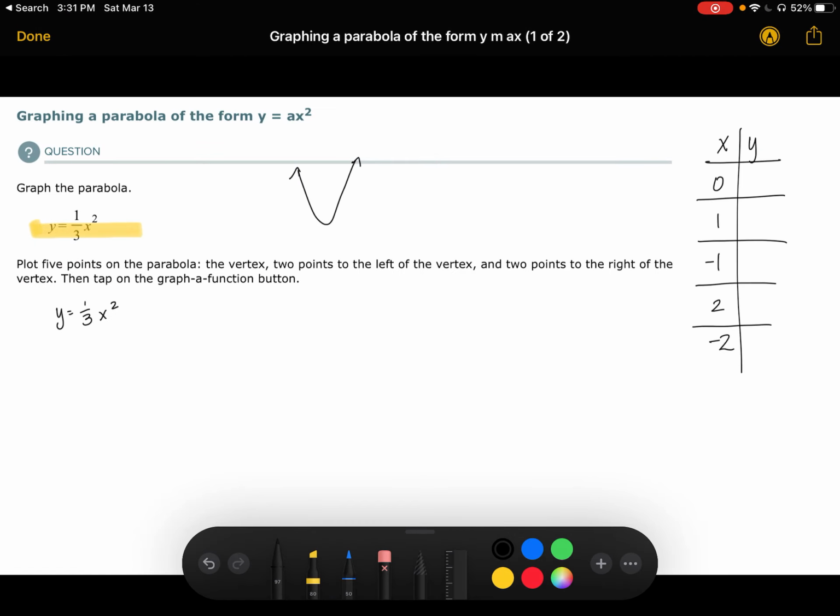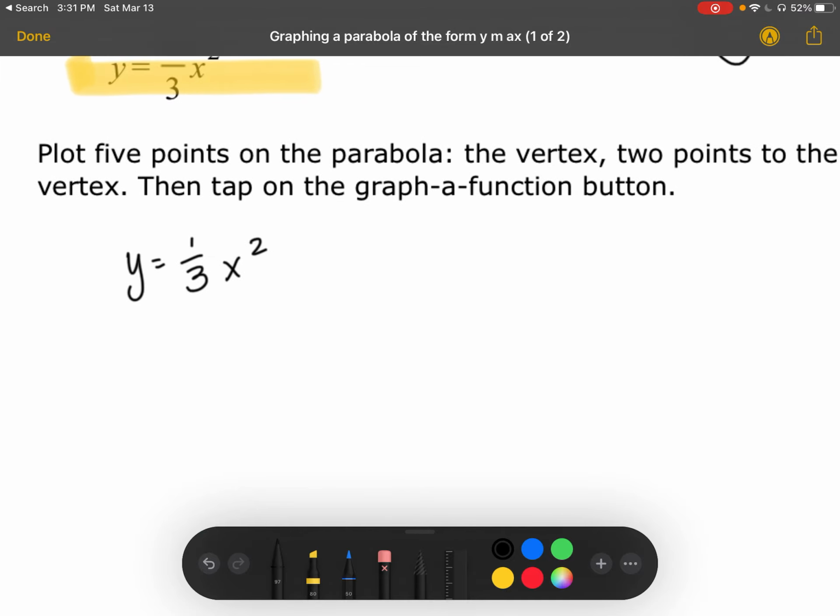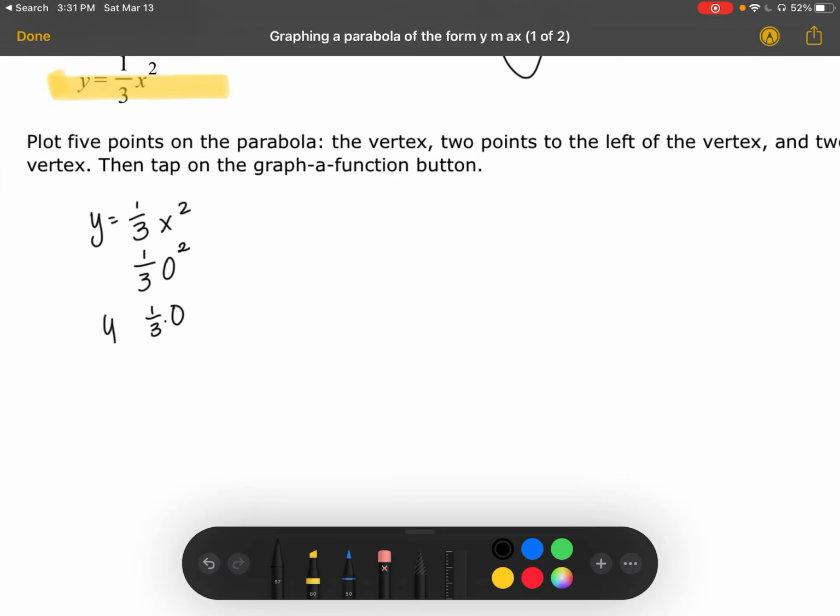So we're going to start with the 5 points I told you and plug them in for the value of x, so we can figure out what y is. First we put in 0. 0 squared is 0, and then 1/3 times 0 is 0.